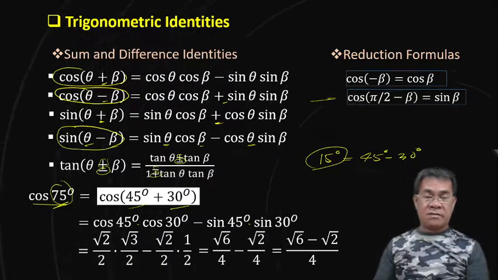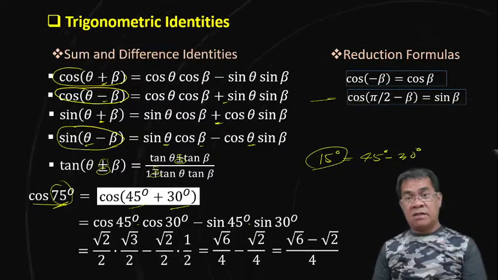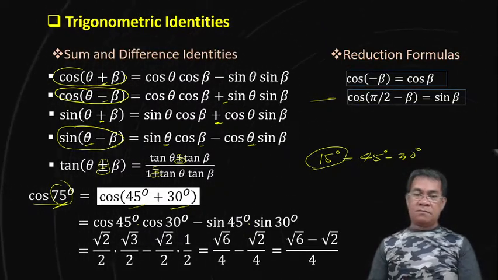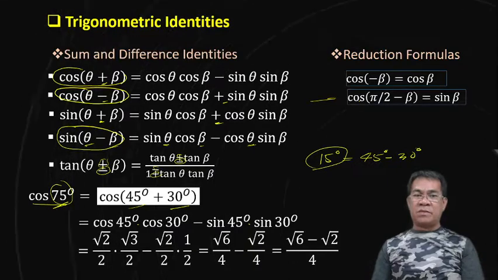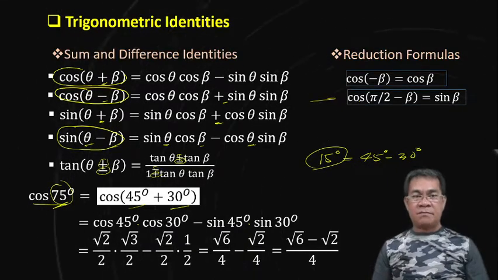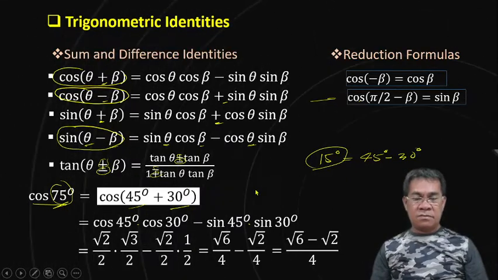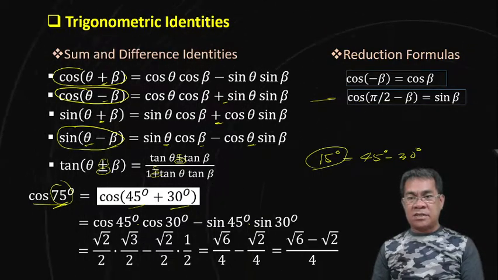Take note, the six trigonometric functions can be obtained using the sum and difference identities and the special angle strategy from our previous videos. That's why we need to know the identities, because you might be asked this.